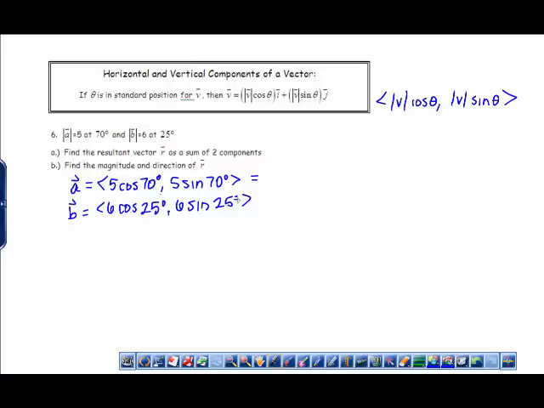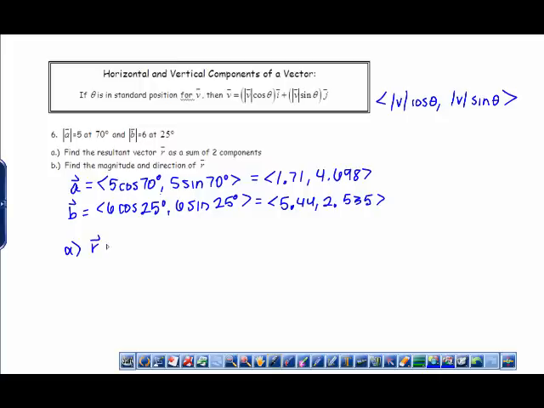From here it's calculator work. You can pause the video and plug all these things into the calculator. You need to be comfortable with them. 1.71 and 4.698. For your vector B, you're going to have 5.44 and 2.535. All of that to get to part A, which is find the resultant vector.